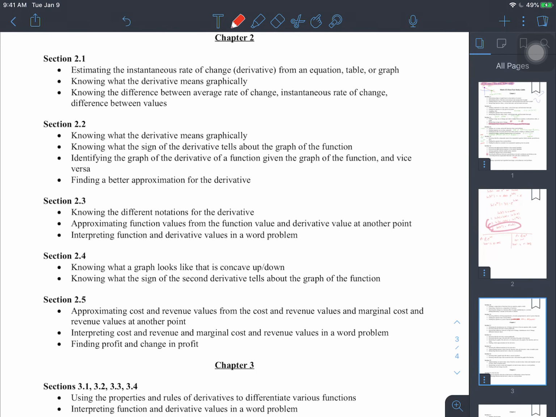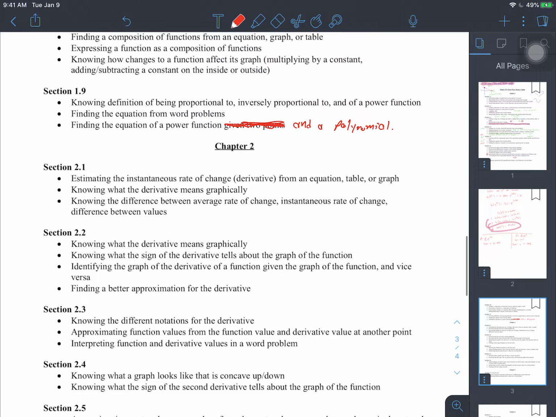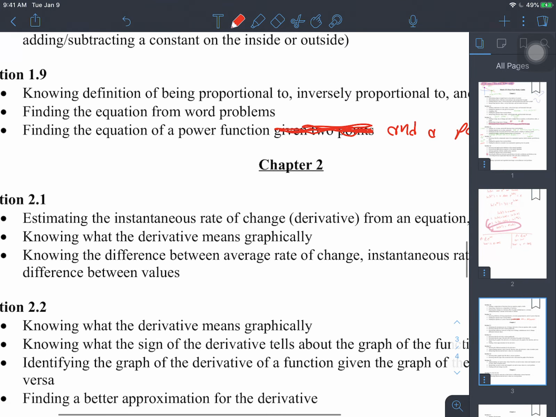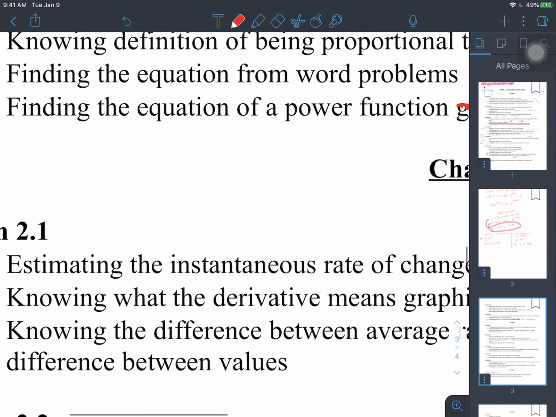Okay, chapter 2 was when we started to learn about derivatives. And we initially started to learn about derivatives in terms of what we called, quote, instantaneous rate of change. And we had this really bad way of approximating it. I'll try to draw a little picture here.